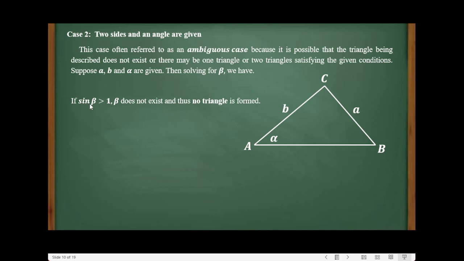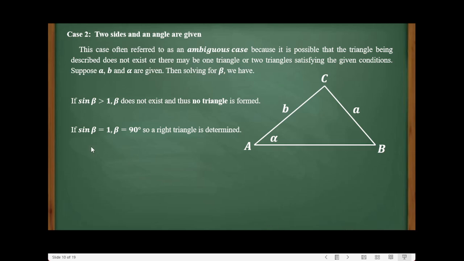If it happens that sine beta is greater than 1, we know that when we talk about sine values, such value is not greater than 1. So if we obtain a sine value which is greater than 1, that particular angle does not exist, and it also implies that there is no existing triangle, or no triangle is formed. Okay?